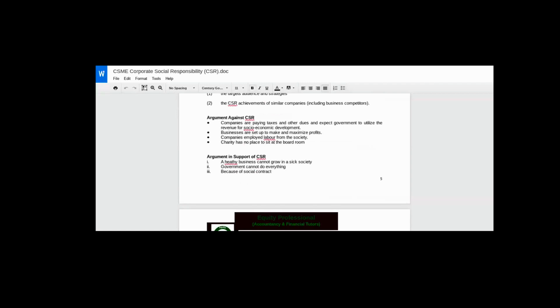Another title of interest is this. That is argument against CSR. Argument against CSR. We have 2 schools of thoughts. Some school of thoughts, they strongly disagree that CSR is a waste of money and resources. That is the view of the school of thought.